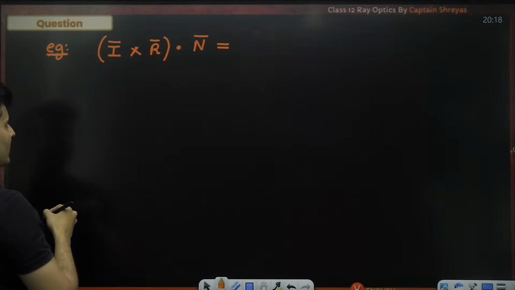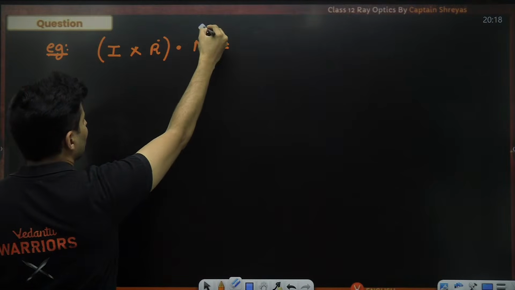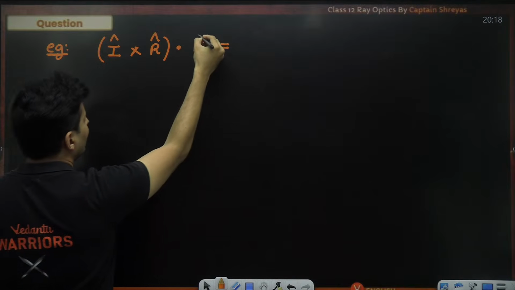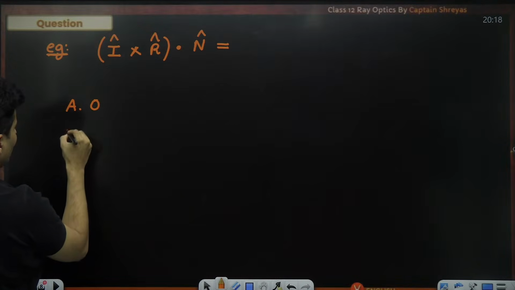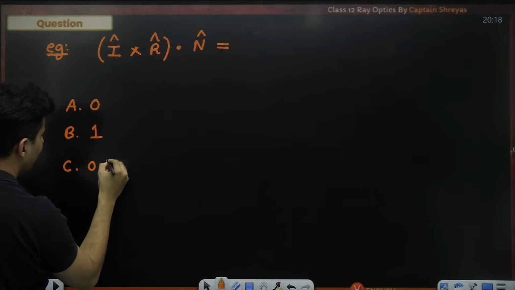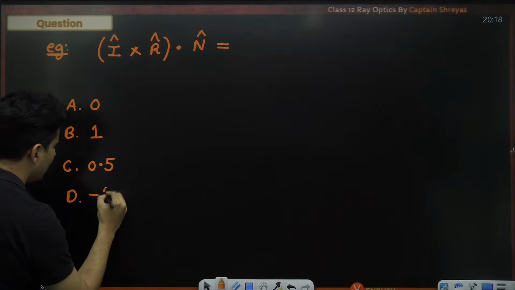Okay, assuming these are all unit vectors in that direction. So let's use unit vectors, incident unit vector, or else the magnitude can be anything there. So option A, I will tell you, is 0. Option B is 1. Option C is 0.5. And option D is -1.